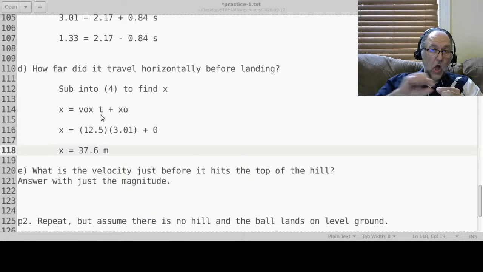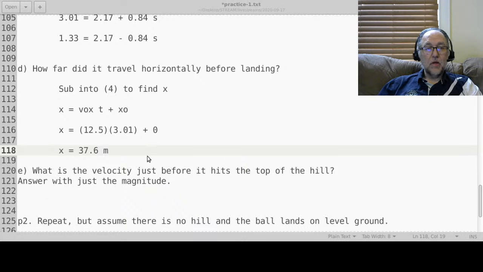The t is how long until it lands, and that's going to be 3.01 seconds. We found that. And it started at 0 on our ruler horizontally, so x naught was 0, and that gives you 37.6 meters. So that's how far it traveled horizontally before it landed. So yeah, question D was pretty straightforward.